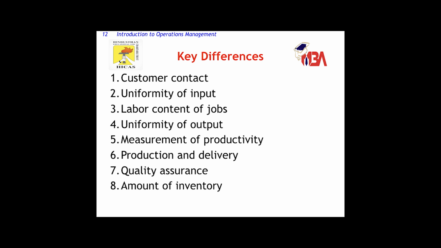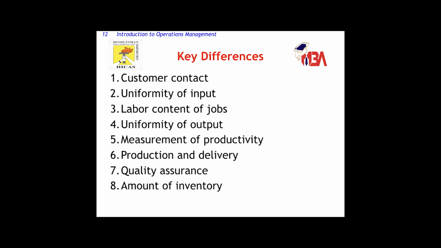Whereas in the service industry, the uniformity may not be the same in terms of the inputs. If you take the hospital, the patients are there, and the inputs required for treating the patient will be different based on the diagnosis of the disease he has and the treatment he requires. So that varies. That is where we say the uniformity of input in a service industry is going to be different or high. In the case of manufacturing, it is going to be low.